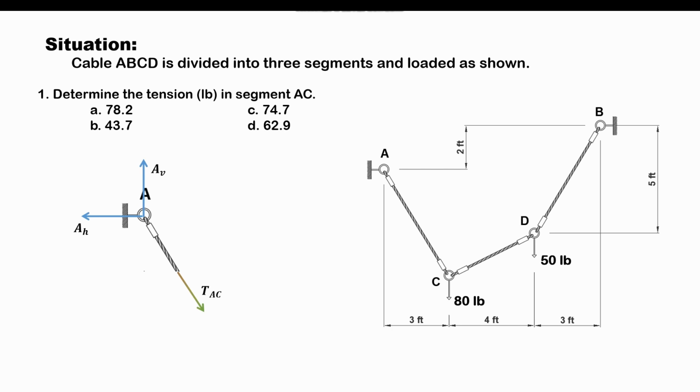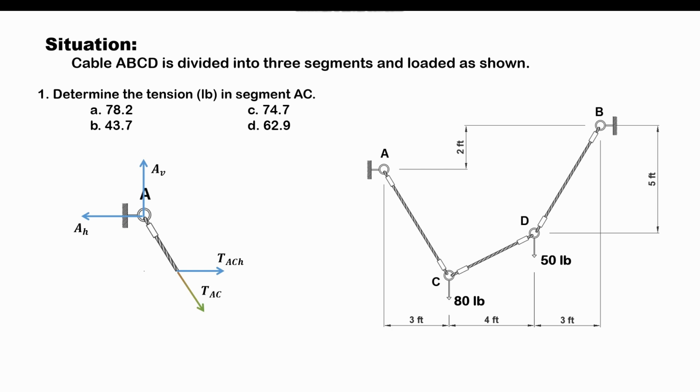To analyze a joint involving forces that are not horizontal and vertical, it is simpler to convert those inclined forces into their components. So let's say this is the horizontal component of the tension AC, which I denote as TACH.